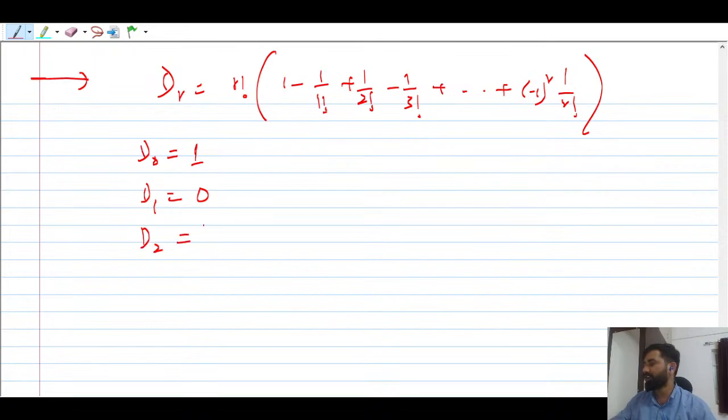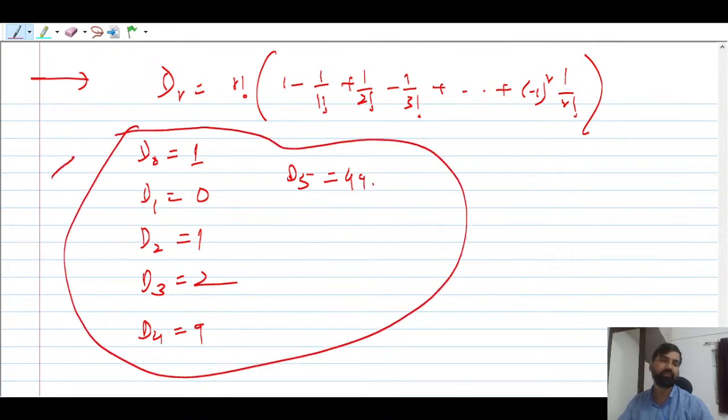D2 you can find, these values you just remember. D2 is 1, D3 is 2, D4 is 9, and D5 is going to be 44, right? ये आपको याद रखना है, and simply remember this formula. As we are engineers, we should not become afraid of these formulas, right?